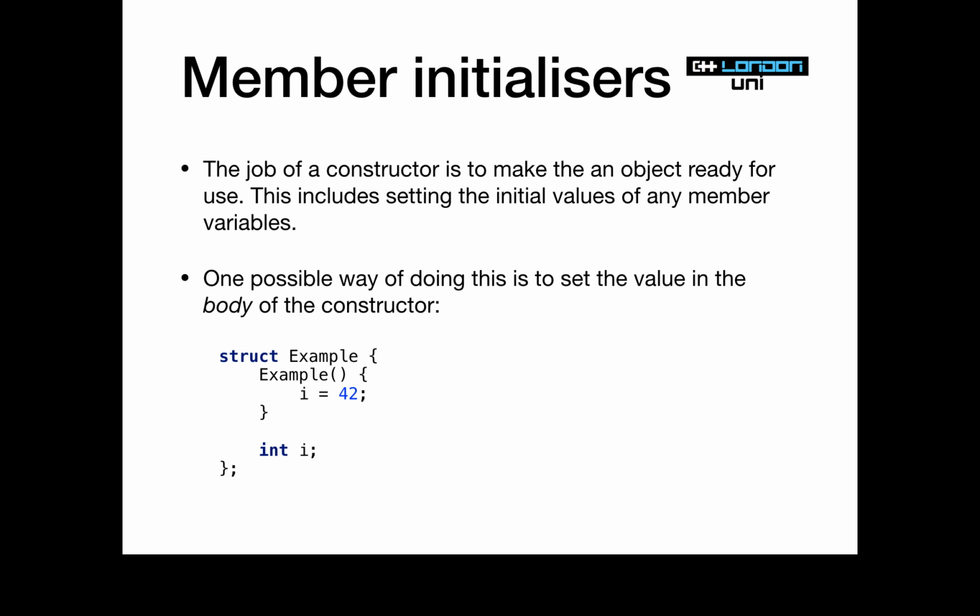This is probably what most of you did on the exercise just now. We had struct example, and our struct example has a member of type int, and inside the body of the constructor we set i to 42. So most of you probably did something like that in that exercise.